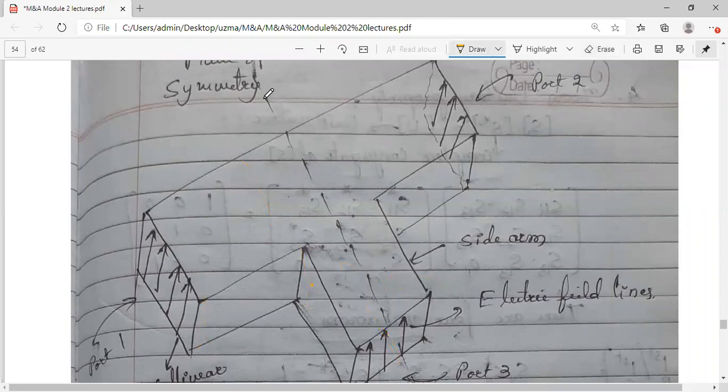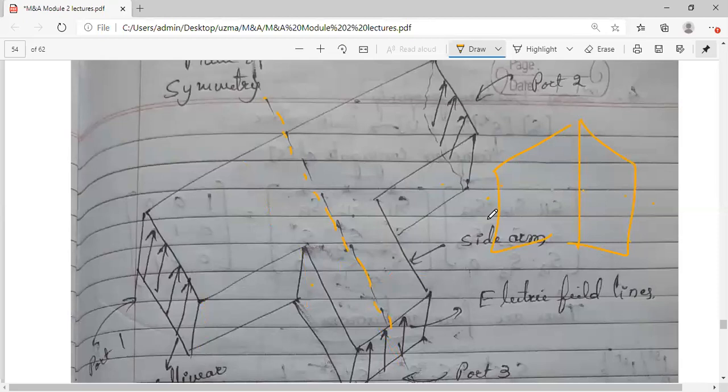Plane of symmetry means when you cut this at the center and fold it, they coincide with each other. Something like a book or notebook. This is your center. When you close it, both sides match exactly, the same shape, same size. So that is plane of symmetry.